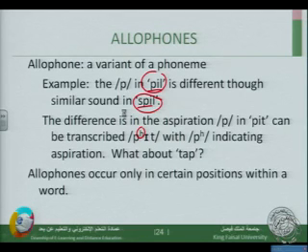Spit. Notice that with allophones we have a variant of a phoneme, the same phoneme, but it might be different because it has aspiration. Allophones occur only in certain positions within a word, at the beginning or in the second position, like pill, spill, the same phoneme. But here the aspiration, the force of air in the P, was stronger than here. So in the dictionary it is written P high, for aspiration.